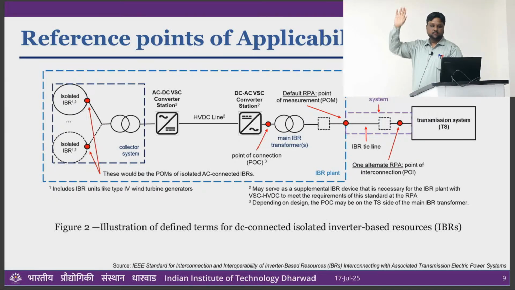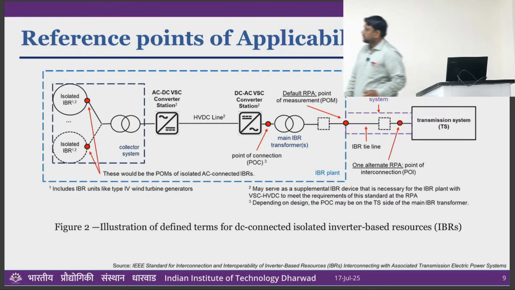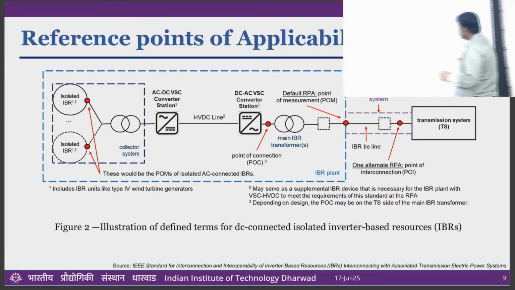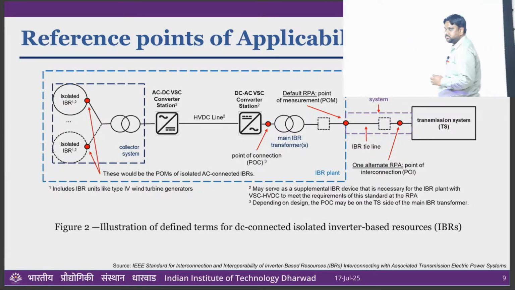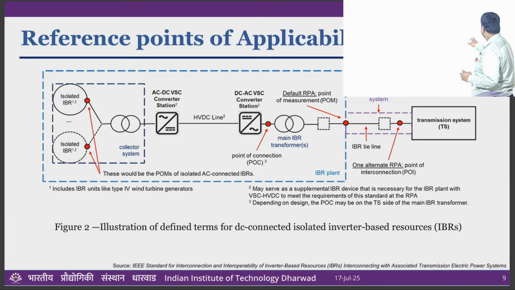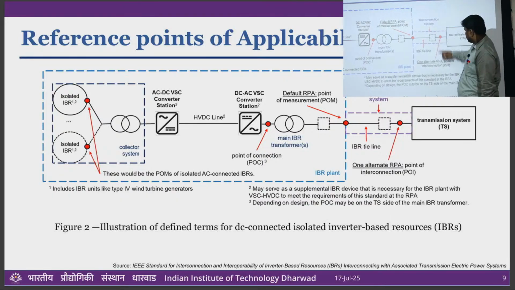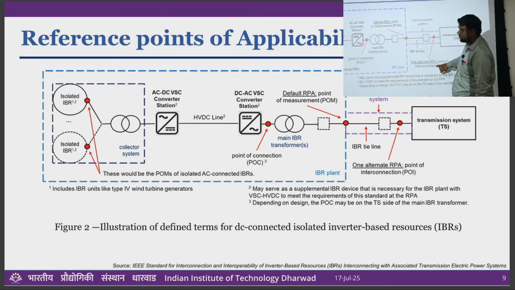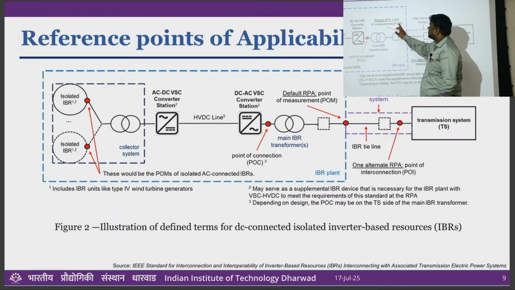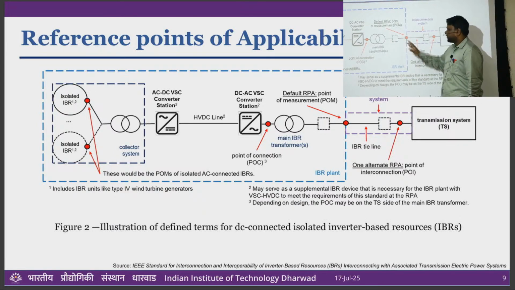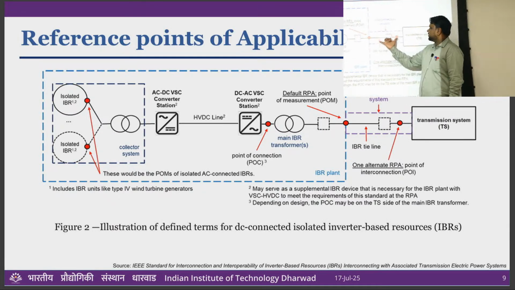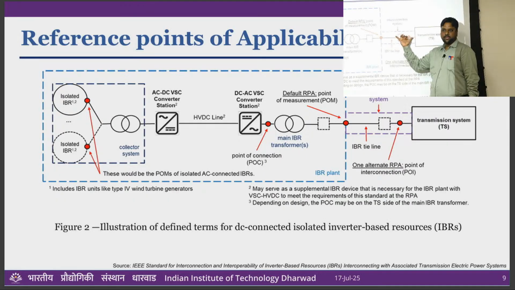Getting it? Yes. Point of measurement, where is it? This one? This is the default. What happens sometimes is that both can actually be the RPA, both can be the point of interconnection.